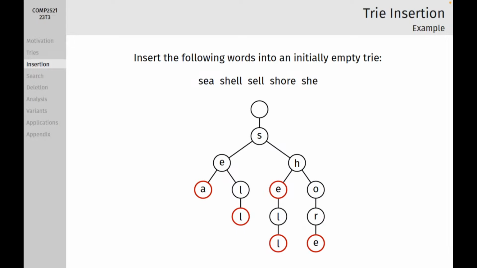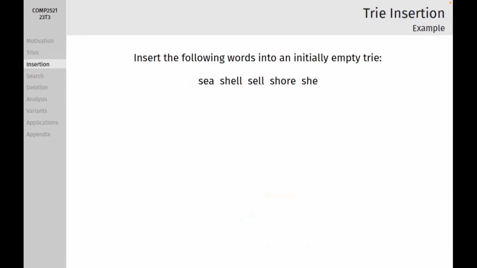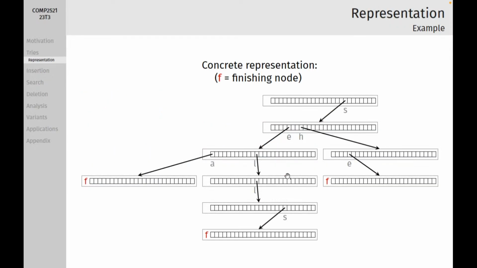When you showed the concrete example, when you said finishing nodes, you gave an empty array for that. So how would it point to the finishing node? Let's say you go from E to the next letter.